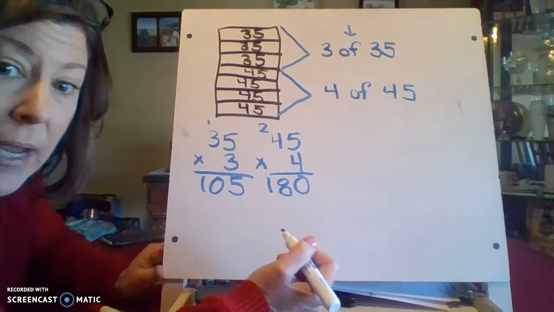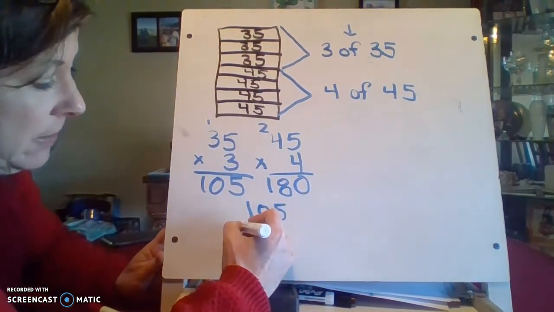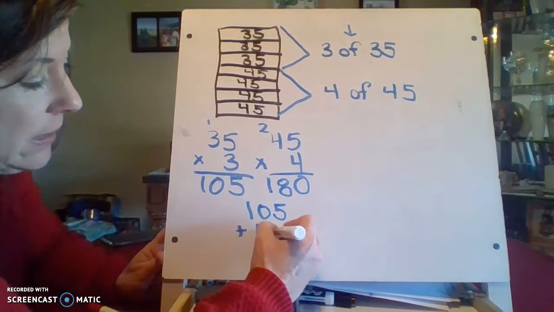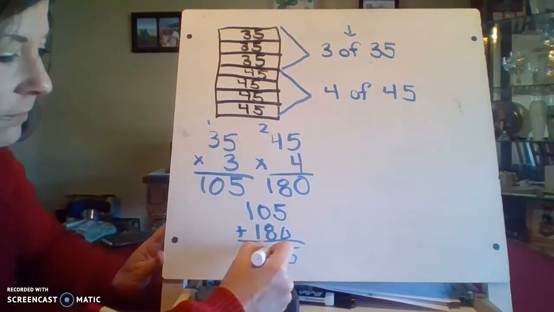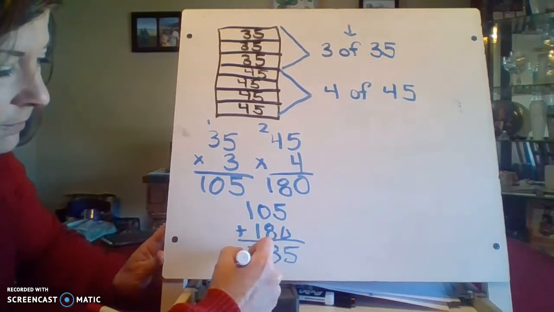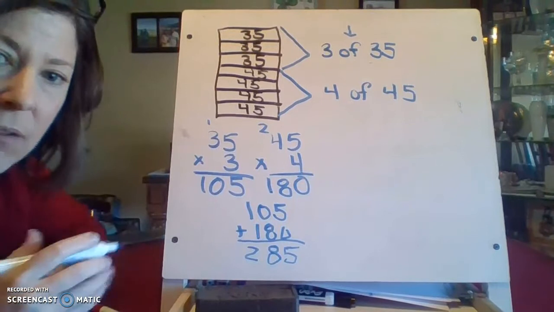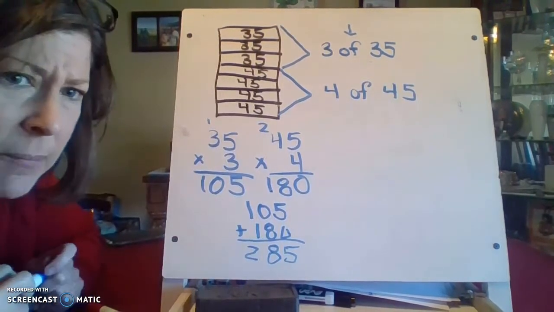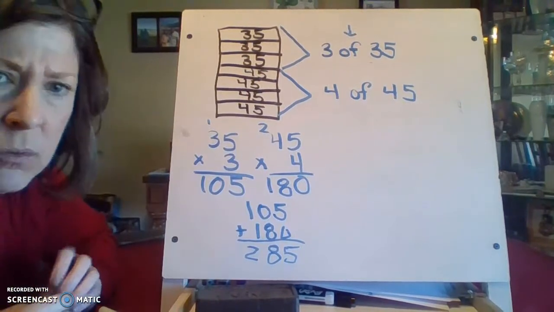In order to find out how many are in all, I'm going to add that 105 plus that 180. And I get a total of 285 books.